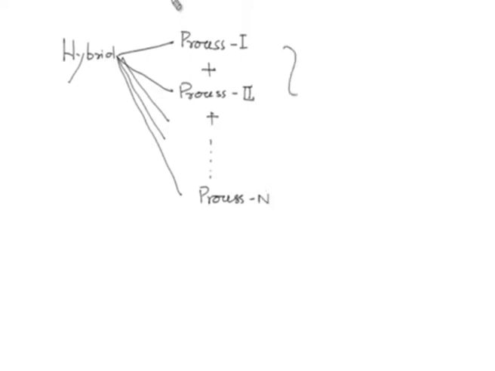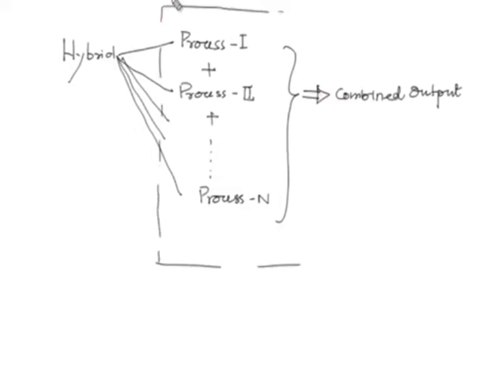So, our combined output of these processes is the hybrid manufacturing or a hybrid process. So, if all these processes put together give us the combined output, then I can say this is a hybrid process.